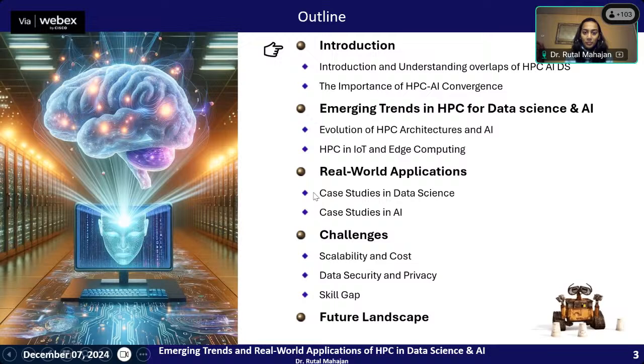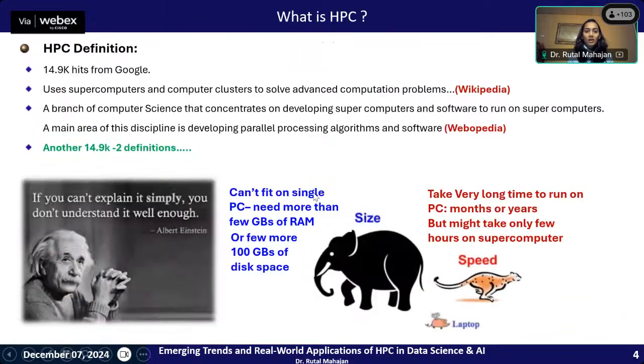So why HPC? If I search for the HPC definition on Google, I get 14.9K hits, right? It uses supercomputers and computer clusters to solve advanced computation problems.